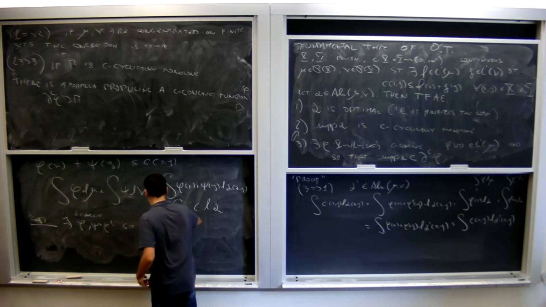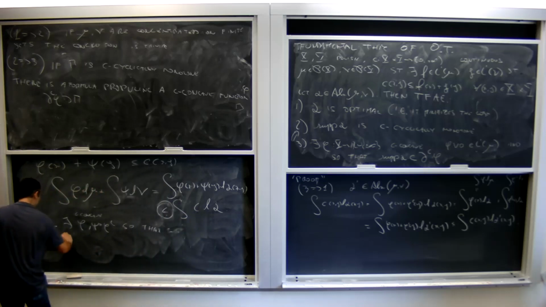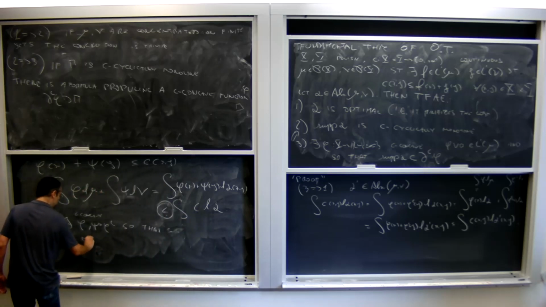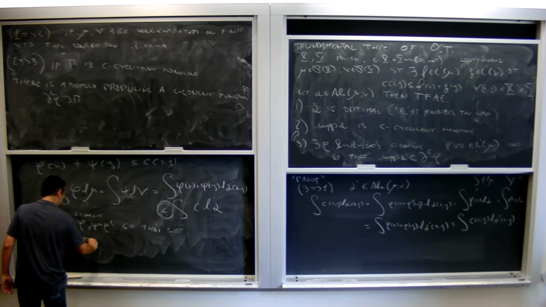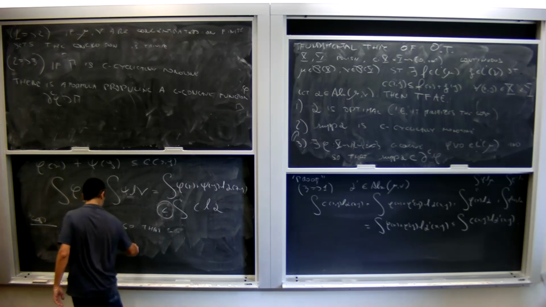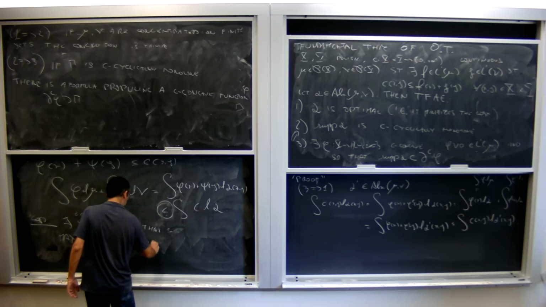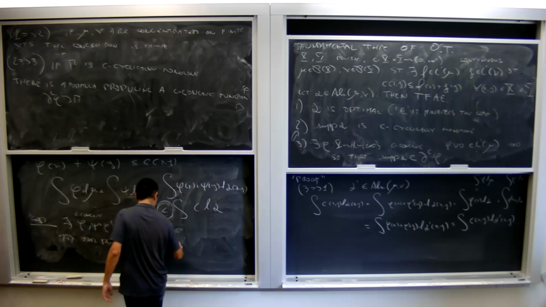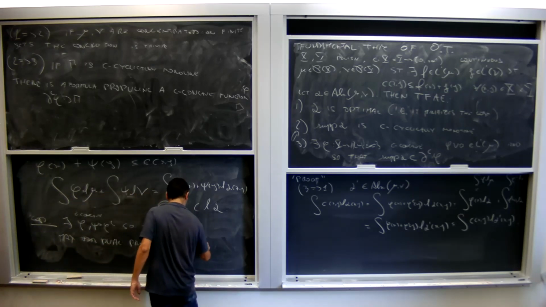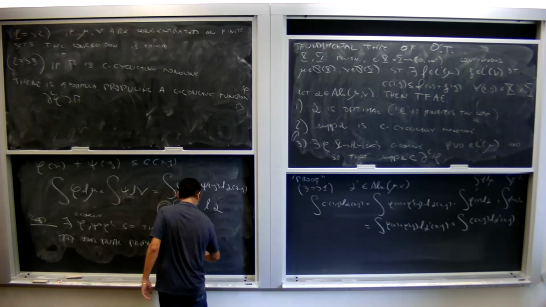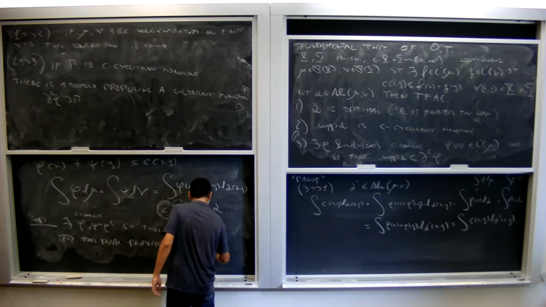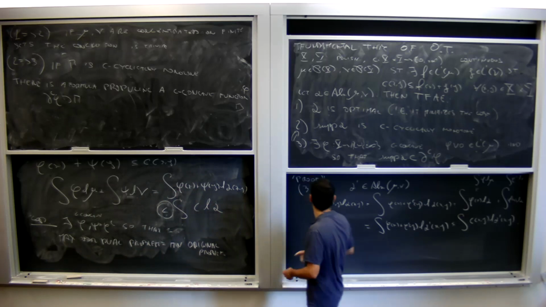So the sup of the dual, so the max, this becomes a max of the dual problem, equals the min of the original problem. Just pick this phi.